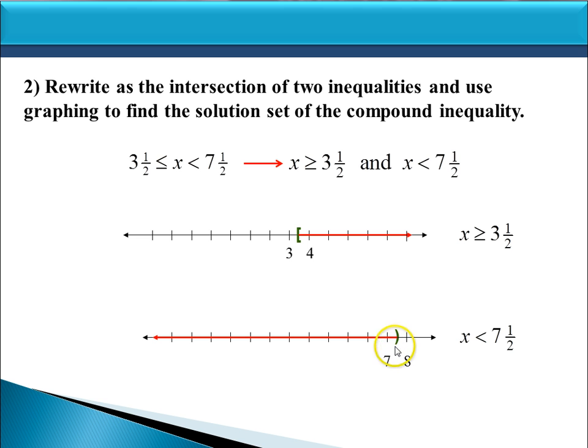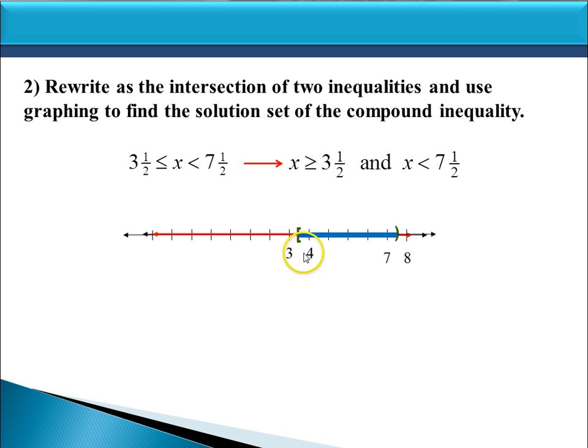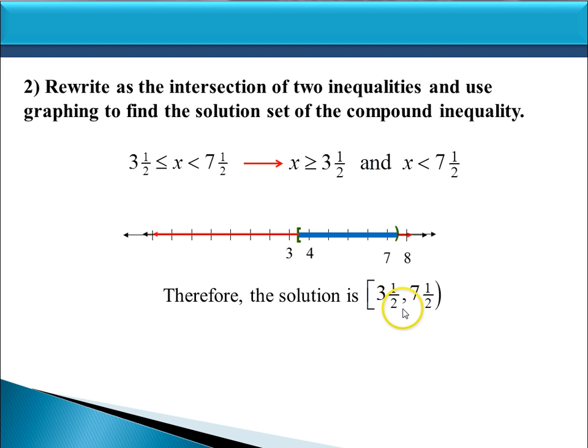A parenthesis halfway between 7 and 8, pointing to the left. And if we look at the overlap, it looks like it's going from 3.5, including 3.5, up to 7.5, but not including 7.5. So interval notation would look like a square bracket and 3.5, which is the smaller number, comma, 7.5.